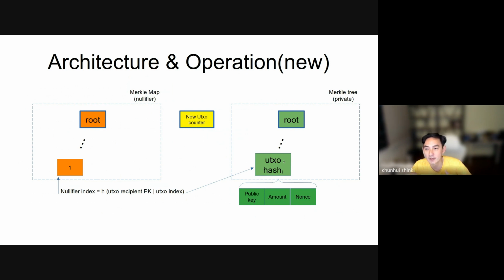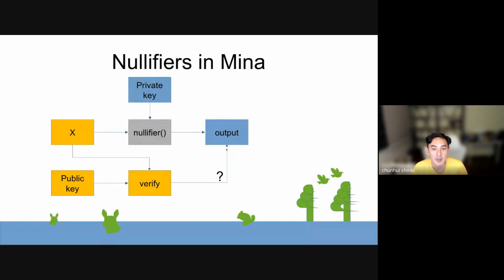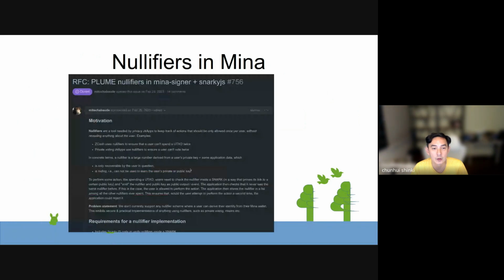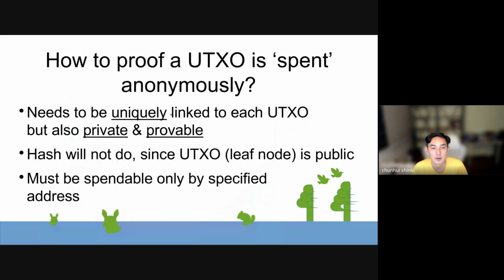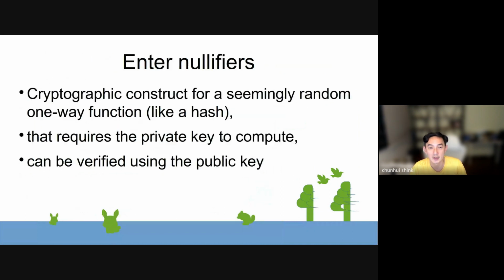If the same spender comes back and tries to spend the same UTXO again, in the verification function you verify that this is 0 rather than 1, and with that you can prove that the UTXO is either spent before or unspent. So this allows us to have all of these properties and make sure that it can only be used once and it can only be used by the spender.